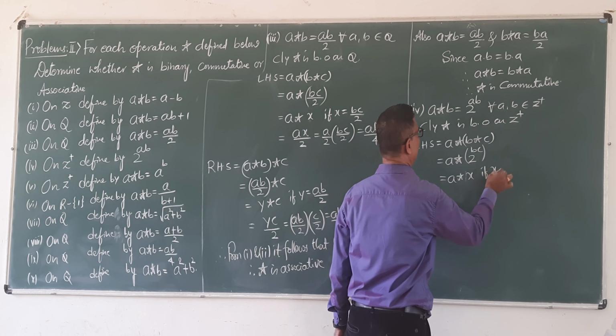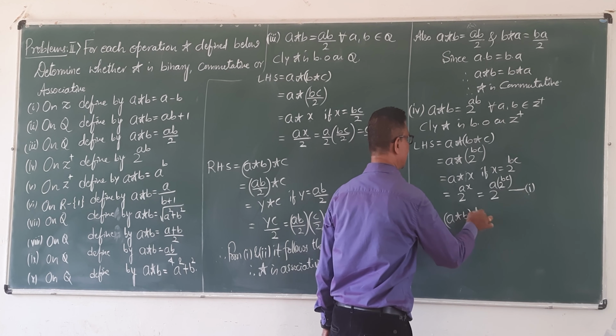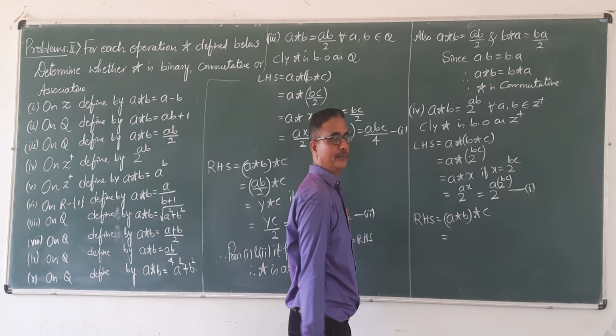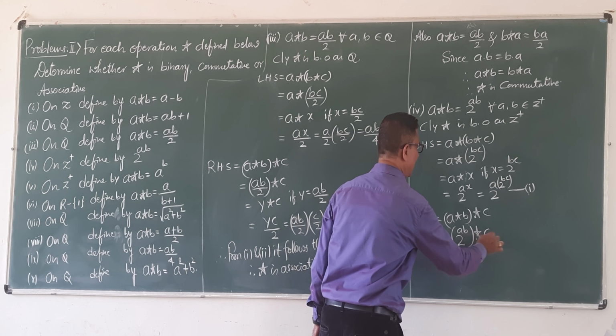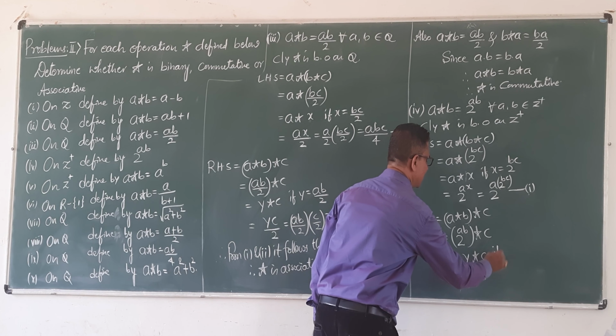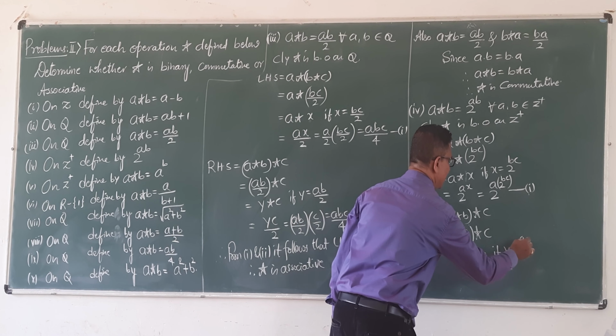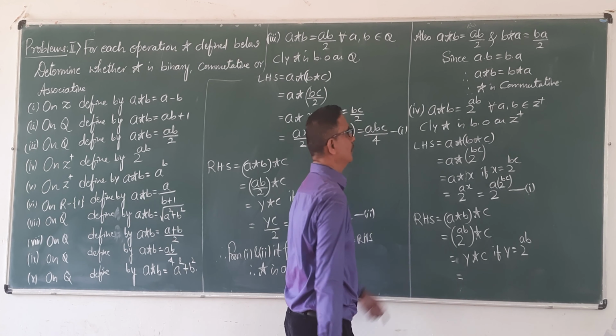Then take RHS. (A star B) star C is equal to A star B, value 2 power AB, star C. Put 2 power AB is equal to Y, where Y is equal to 2 power AB. Now again A star B is equal to 2 power AB.